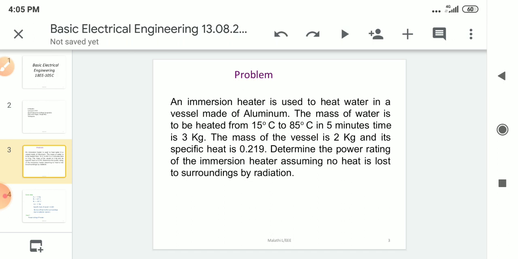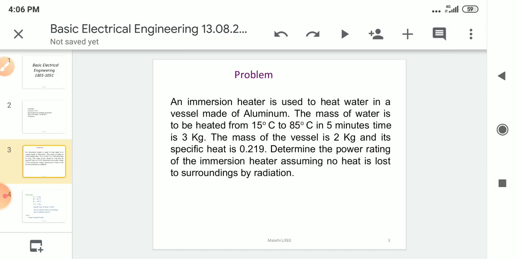Then what is the output for that specific action? H, heat, is m s theta kilocalories. This is the heat output. Here H is heat and m is the mass of that particular water.